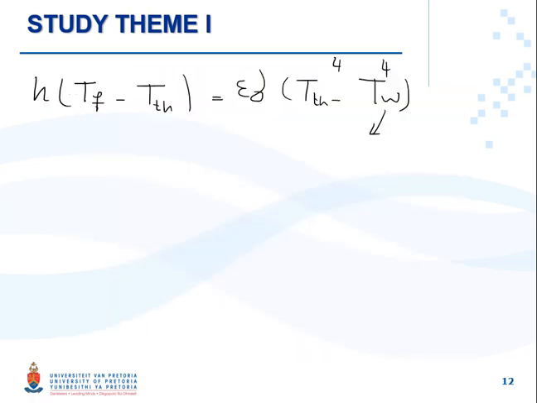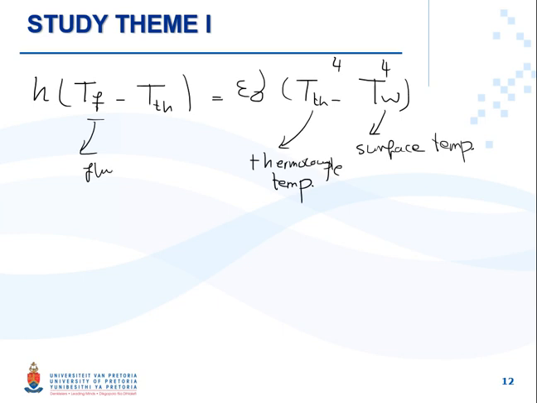So surface temperature. What is T_th? Thermocouple temperature. What about T_f? Fluid temperature. Okay, so basically that's the balance between radiation and convection heat transfer.